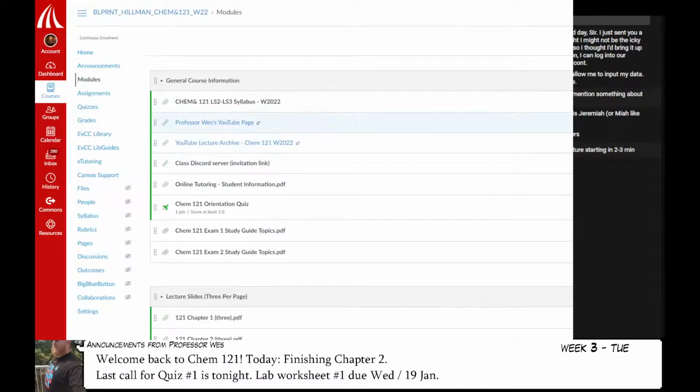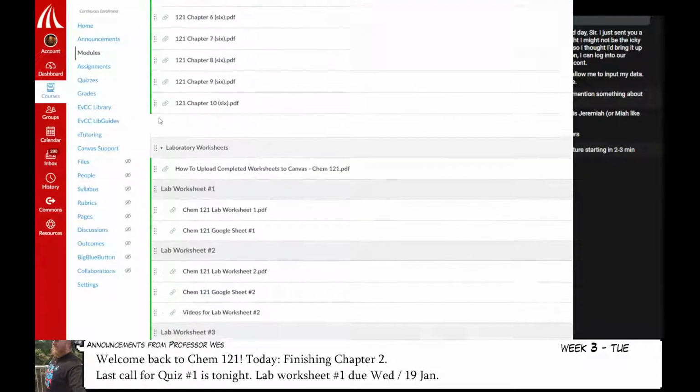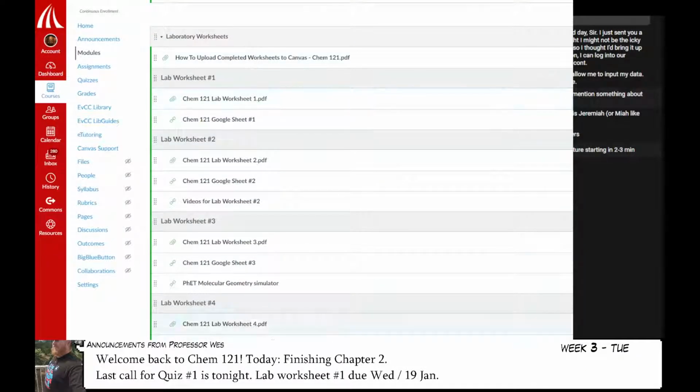So I am in our 121 page. Mine looks a little bit different because this is my global one, and I push updates out to other people. If you scroll down to the labs and stuff, the first thing you will see up here is how to upload completed worksheets to Canvas.